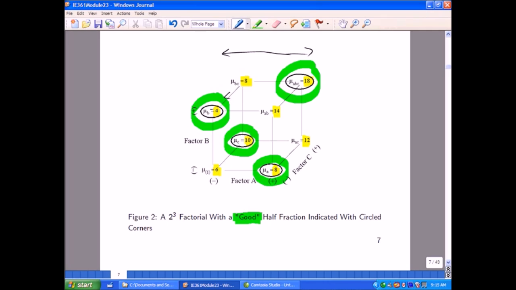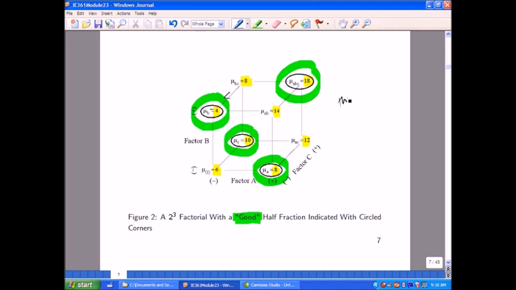If I collapse top to bottom, I'll have a full factorial in A and C. If I collapse front to back, I get a full factorial in A and B. So a virtue of this is that it is nice and symmetric.